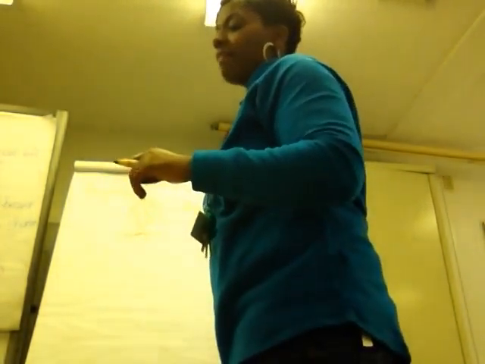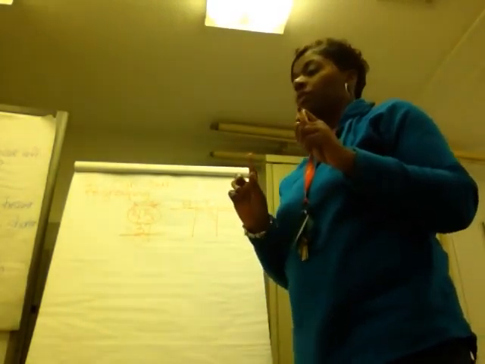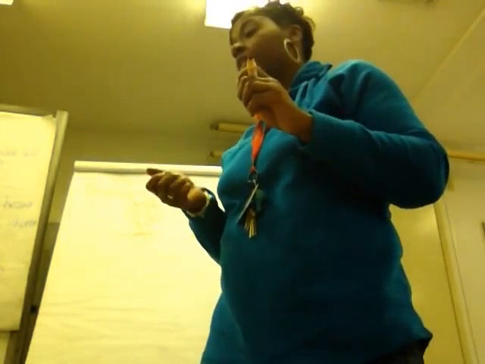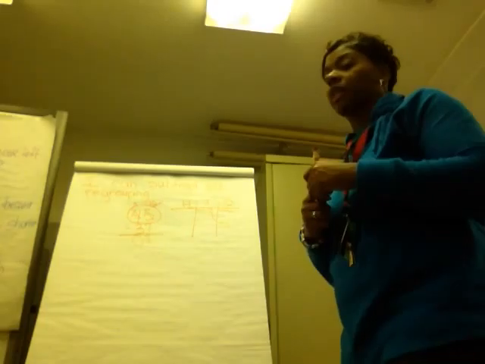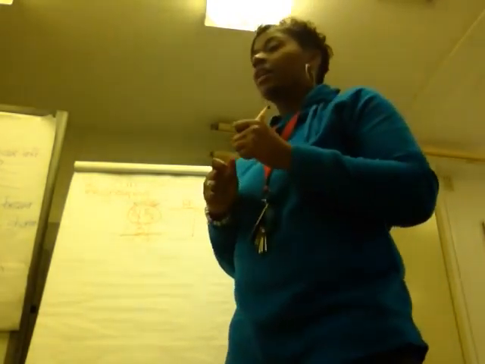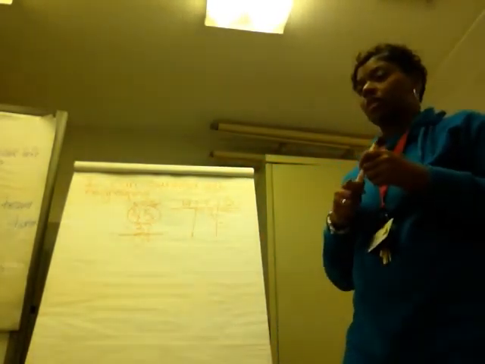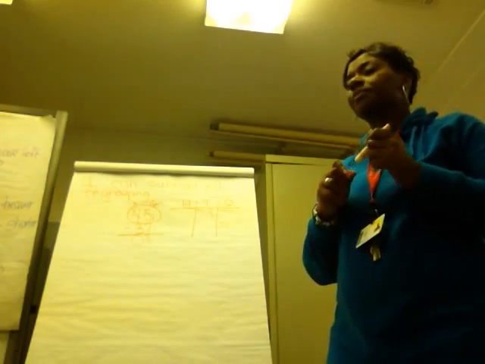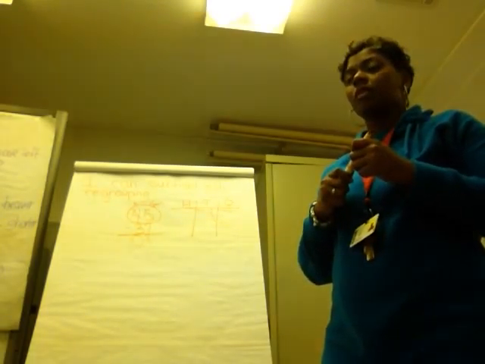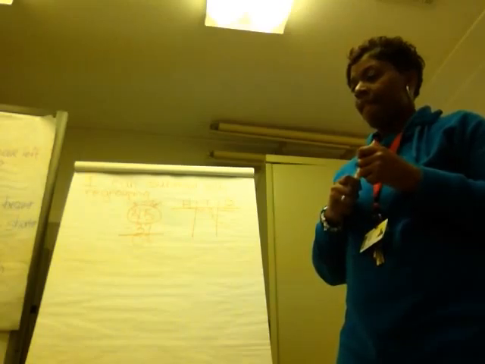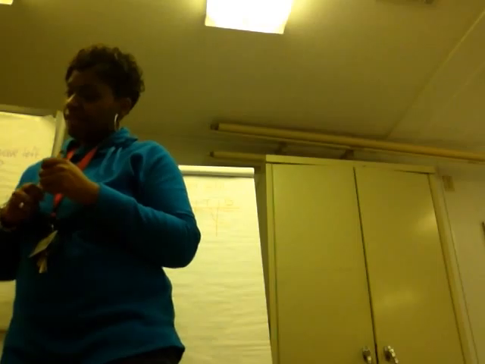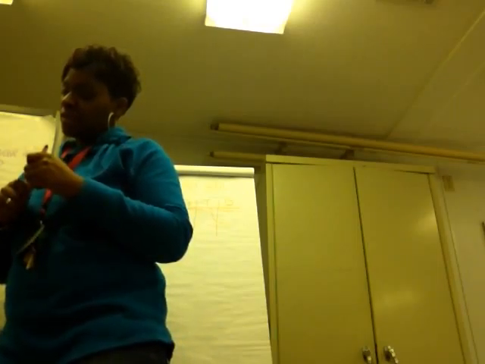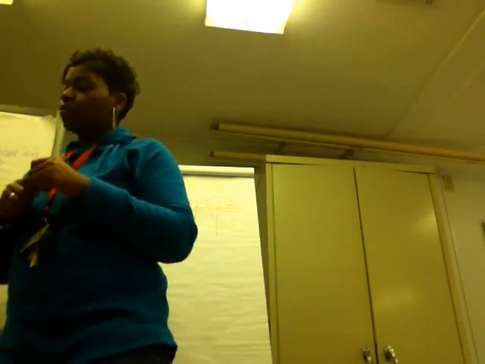In front of you, you have a paper with some addition and some subtraction facts on it. But I want you to focus on number 6. Put your finger on number 6. Let's go to number 7.